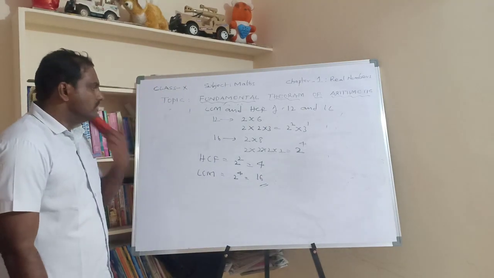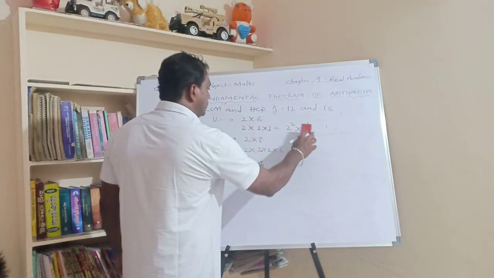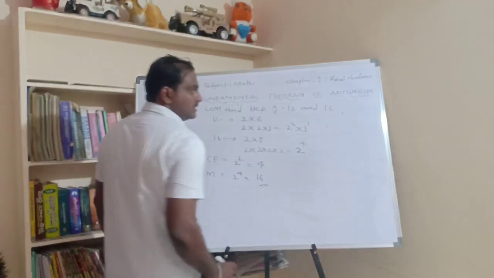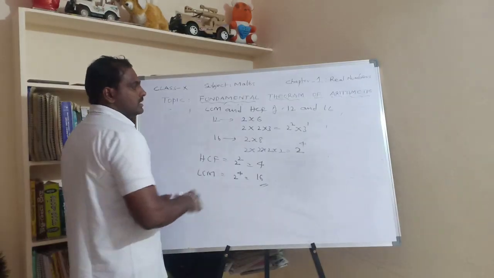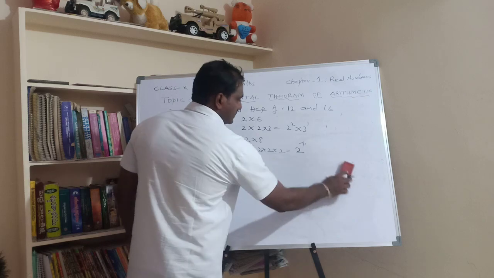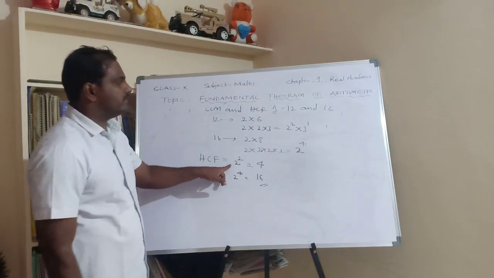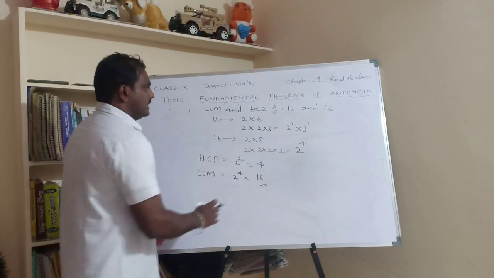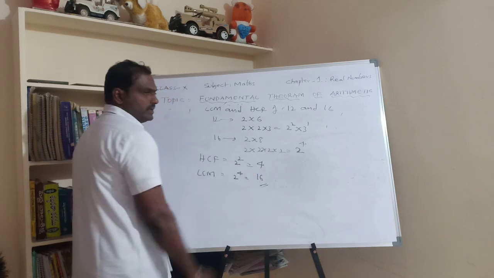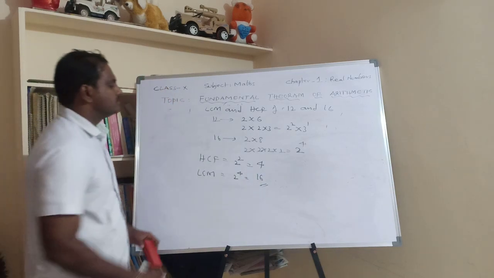Okay? In this case we have to take this one also, the product of the highest powers. So in this case the HCF is 4 and the LCM is 2 power 4 into 3 power 1.